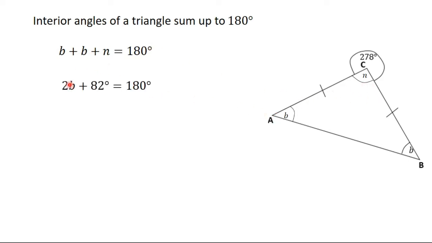B plus B will give us 2B, so 2B plus 82 degrees is equal to 180 degrees. 2B will be equal to 180 degrees minus 82 degrees. So 2B will give us 98 degrees. We divide both sides by 2, and B will give us 49 degrees.